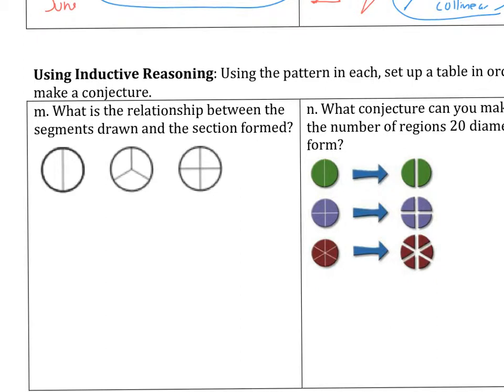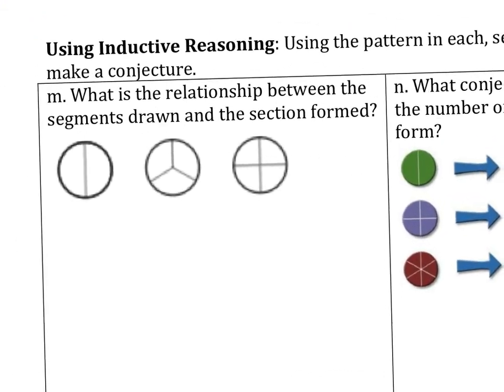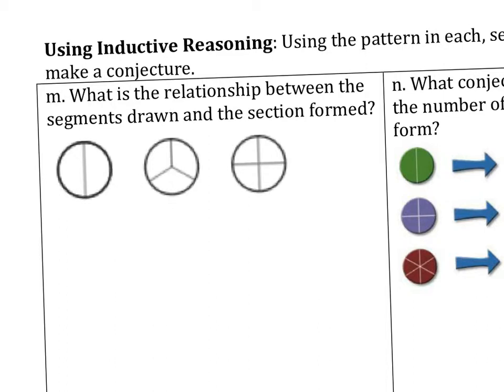All right, so in this one, we're going to use a pattern to set up a table in order to make a conjecture, to see about how things relate to one another. So let's see here. When we just look at this, it says, what is the relationship between the segments drawn?